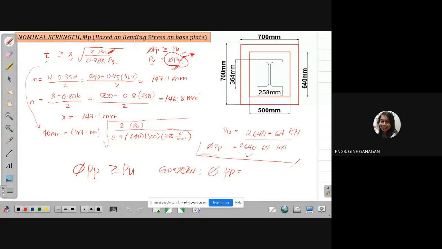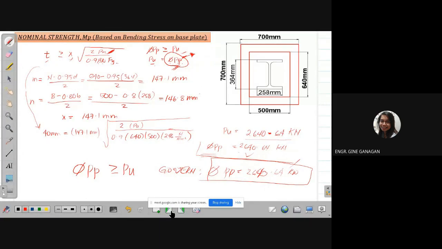So we have to get yung design strength natin that is equal to 2640.64. Ito yung mag-govern. Para hindi siya mag-fail based on bending, hindi din siya mag-fail based on our support.